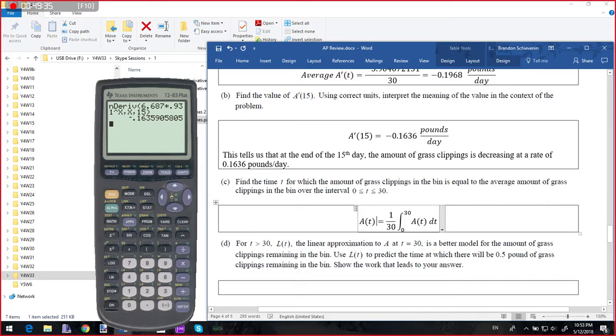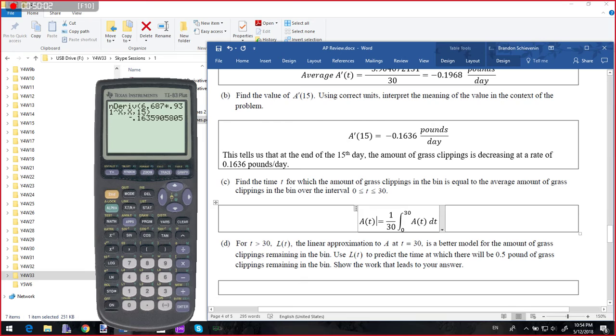So my amount at that time is equal to my average value of A of t from 0 to 30. So what I'm going to do is get the average value of A of t from 0 to 30. And then once I've got that decimal, I'll just graph that line, y equals whatever that amount is. And then we'll calculate the intersect with our A of t function. And that will tell us when A of t is equal to that value.